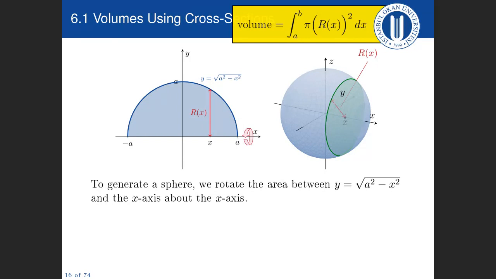Because we want a sphere of radius a, we're going to start with y equal to the square root of a squared minus x squared. That's the formula for a semicircle of radius a. We're going to rotate this about the x-axis.